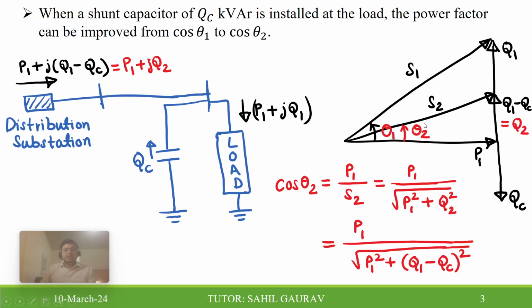Therefore the power factor will improve, and this is the power factor, the ratio P1 divided by S2, the trigonometric expression for this improved power factor. So these are very basic things, just you can recap.